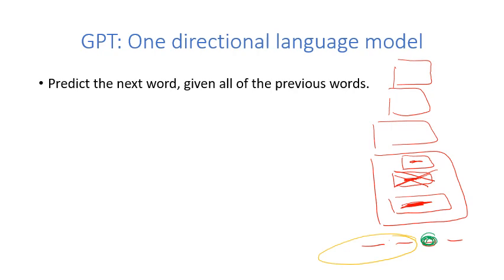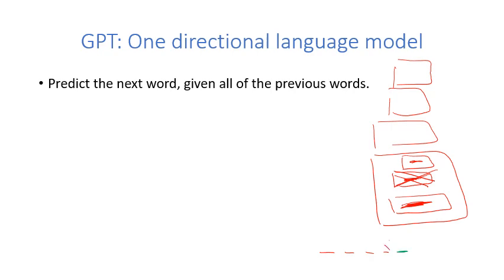Okay, so the objective for BERT was to mask a word and predict that word. So it was conditioning both on left and right. The objective for GPT is to predict the next word. I have this sequence of words up to this point, and I want to predict the next word.